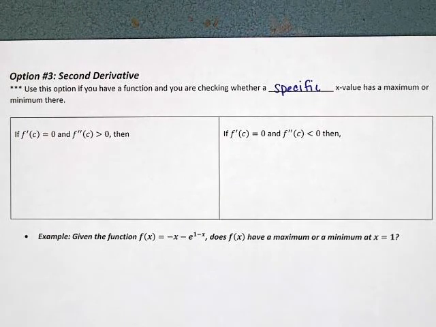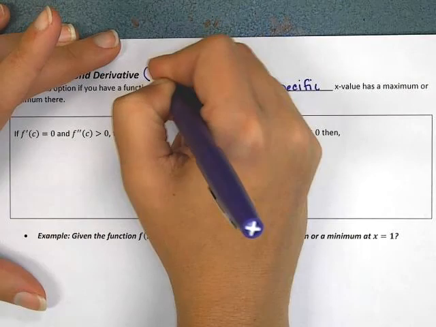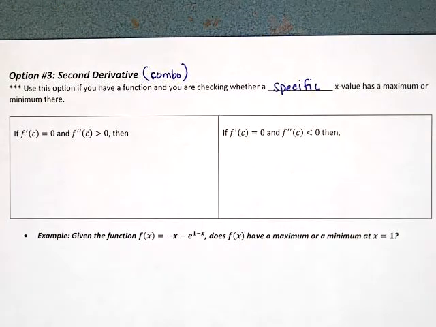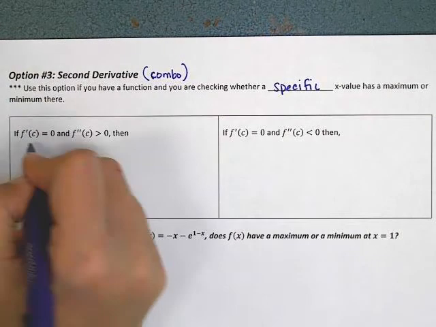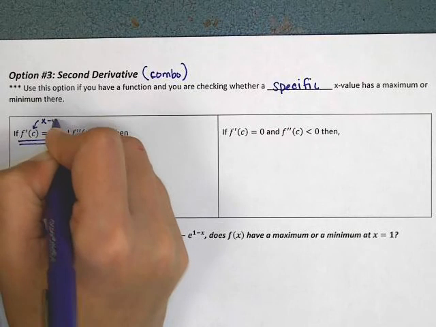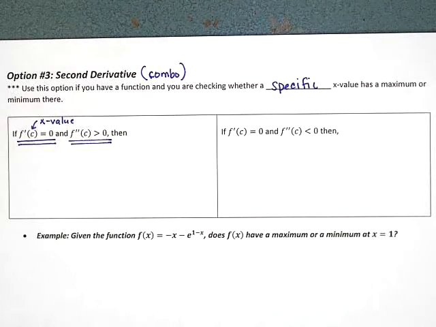In order to use the second derivative test, it should actually be called, in my opinion, the combo test, because you actually need to combine the first and the second derivative. So here's what this test says. If the first derivative at your x value is equal to 0, and the second derivative is greater than 0, then your graph must look like this.